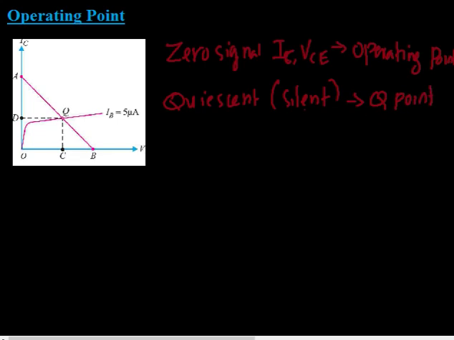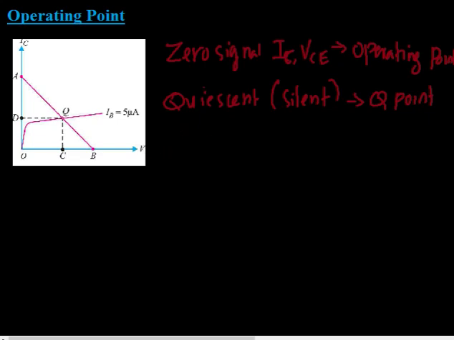The reason for calling it silent is that these are the values of collector current and collector emitter voltage when the circuit is silent. Silent means there is no signal applied to the circuit. Only DC conditions exist in the circuit. So the operating point of a transistor is otherwise called a quiescent point.